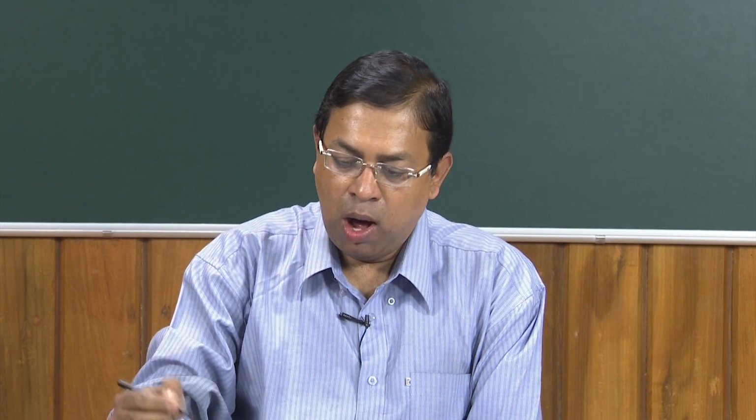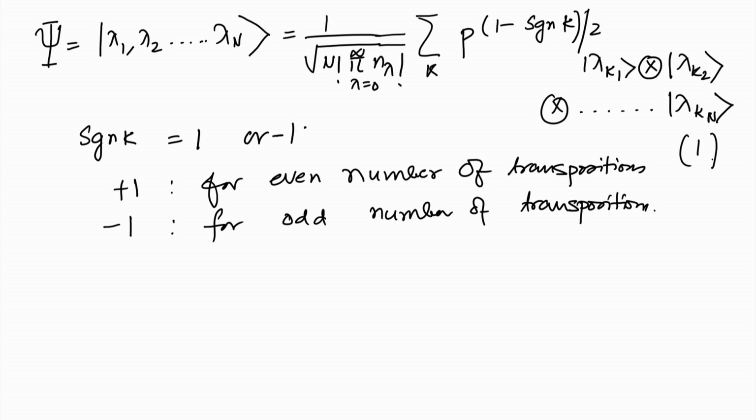So, we name this as equation 1, and to remind you, we have this factor which is 1 divided by root over n factorial, and then there is a product of n lambda factorial, and lambda really goes from 0 to infinity.